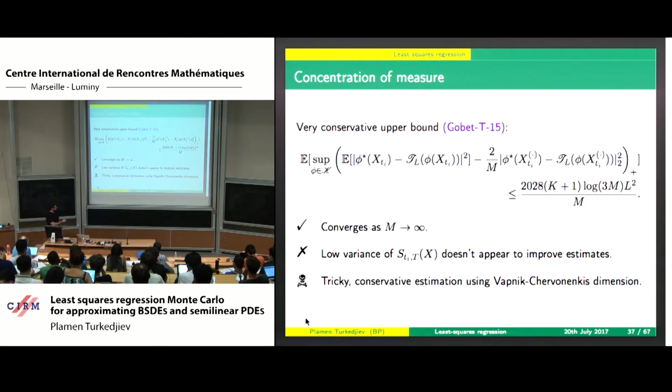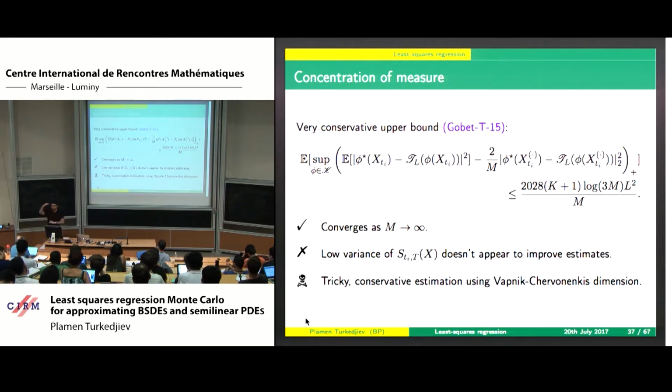The downside is also, if you notice on the right-hand side here, we don't see anything about the variance of the functional S. So the thing we've projected can have a very small amount of variance, but a large deterministic variability.